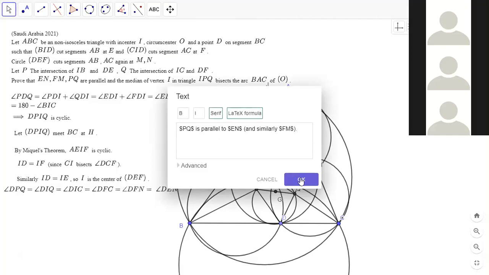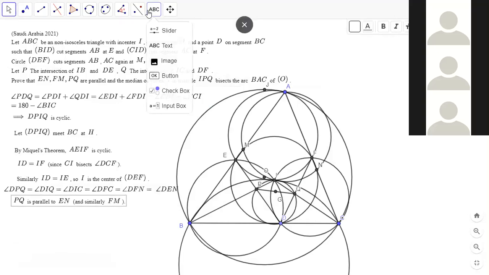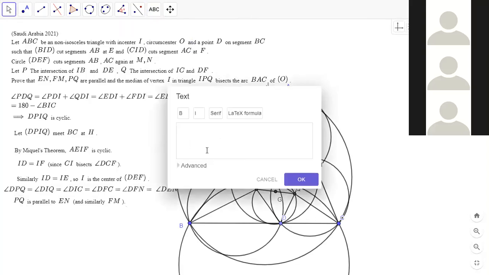All right, and then once we know that, we can do the stuff with symmedians. I'll just say let G be the midpoint of PQ, to make things easier to mention later.